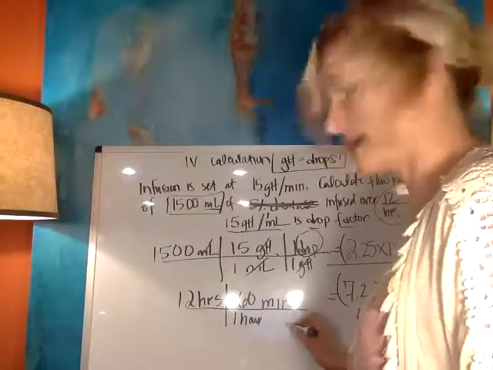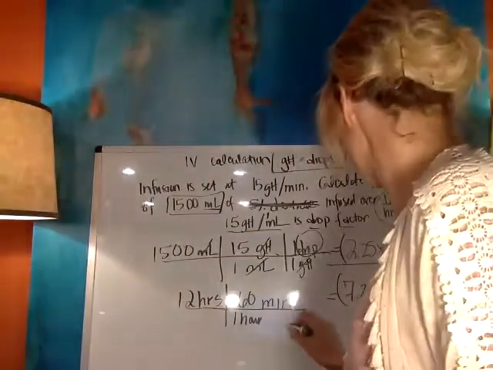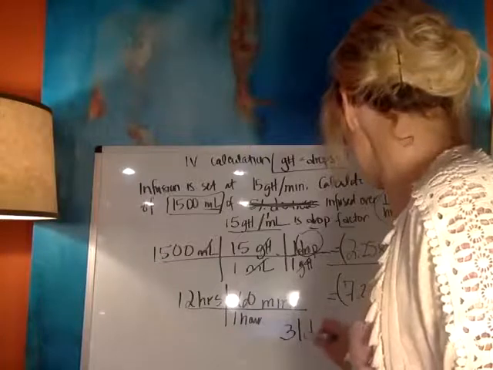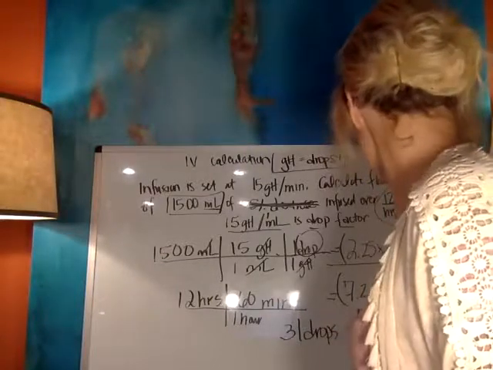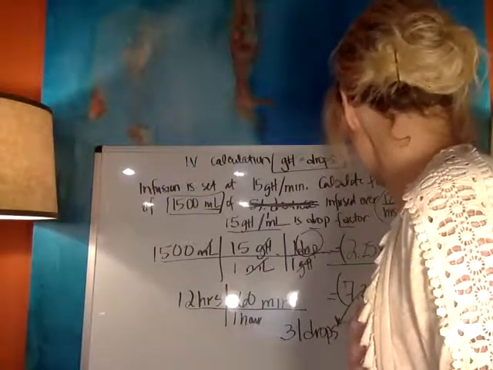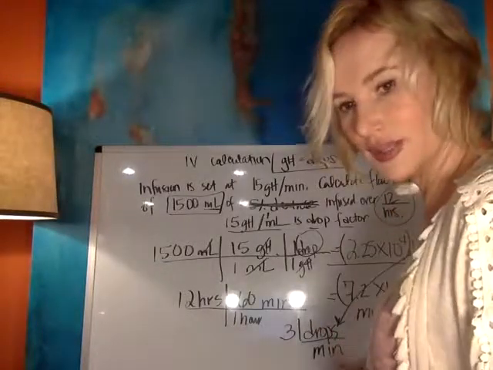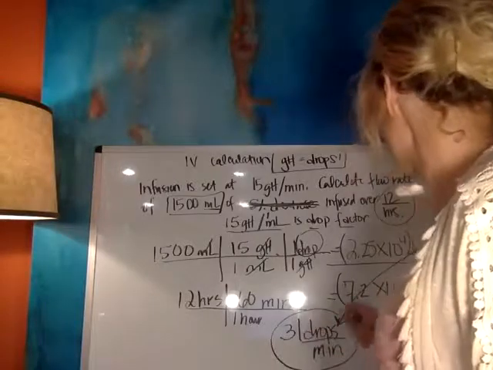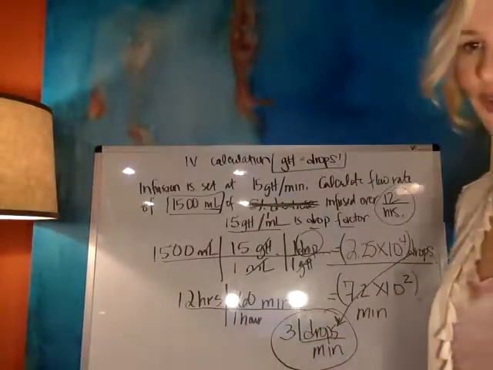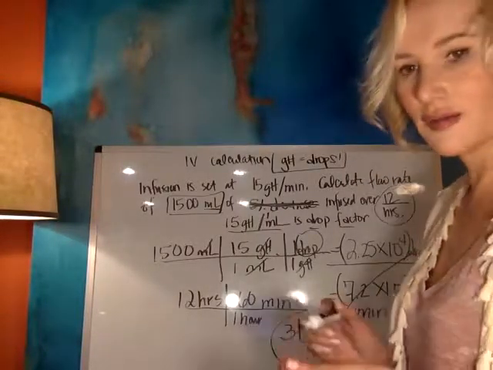So my drip rate is going to be 31, and my unit on top is drops. Just bringing this down here, and I divided it by minutes, so that's drops per minute, which is the most common units for your IV calculation. Notice how similar the setup was for miles per hour.